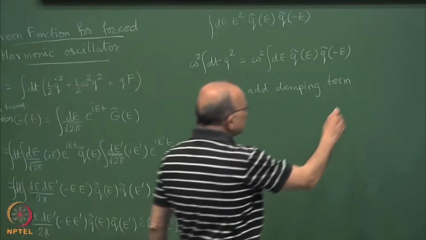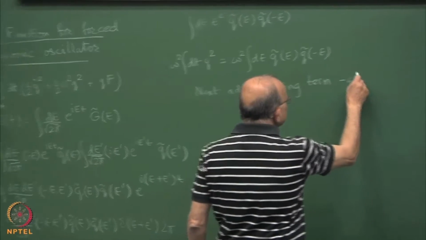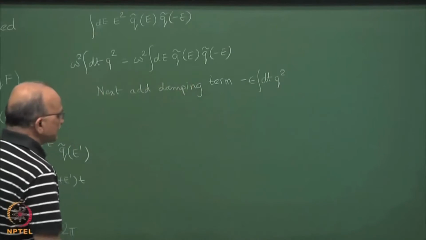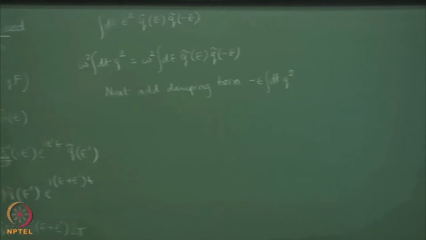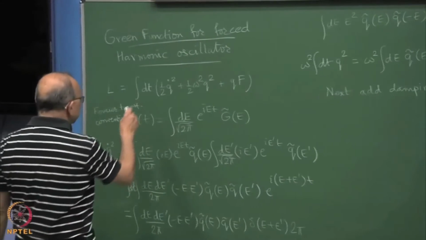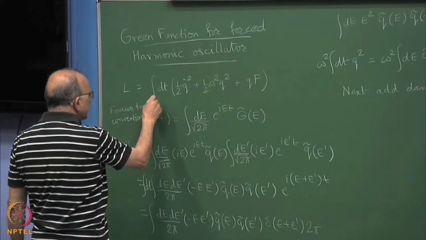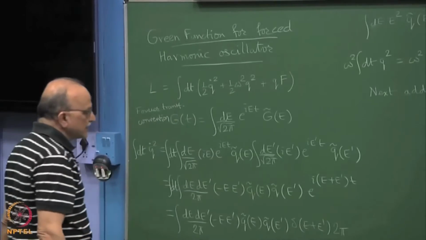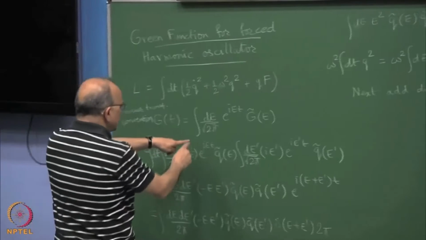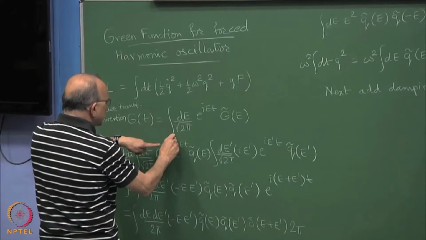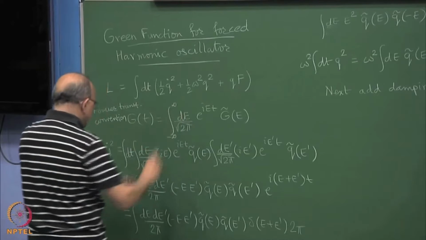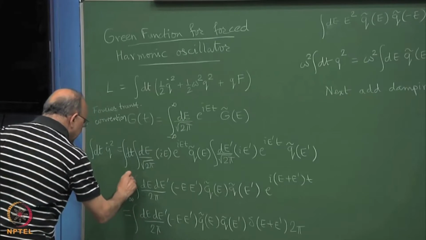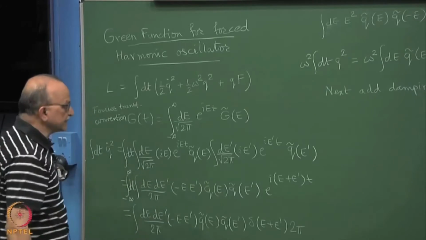So we add a term minus epsilon integral dt of q squared, where these integrals are all from minus infinity to infinity, because in the Fourier transform we certainly need E going from minus infinity to infinity, because otherwise we don't get the delta function.